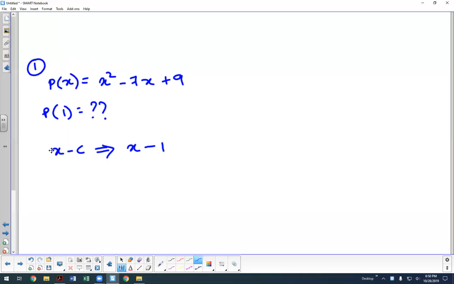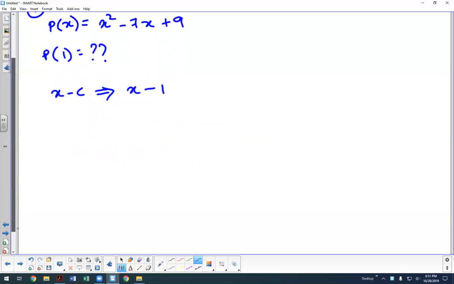If it's x plus 1, that means there's a negative sign on the number itself. This is kind of like that same thing we had done with our vertex, x minus h, you go with the opposite sign. So when the number itself is positive, you're dividing by x minus 1. If the number itself is negative, you're dividing by x plus whatever that number is.